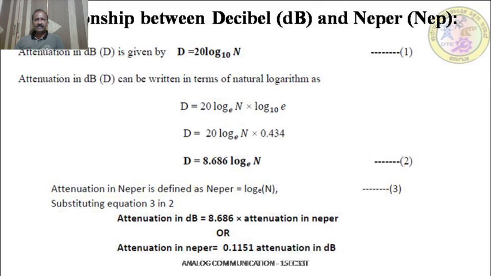Otherwise, you can call it dB is equal to 8.686 Nepers, or attenuation in Neper is equal to 0.1151 attenuation in dB. Otherwise, in the form of equation, you can tell like this: Neper is equal to 0.115 dB. Like this, you can make a relationship between decibel and Neper. This relationship is very important, and the derivation is also very important from your examination point of view.